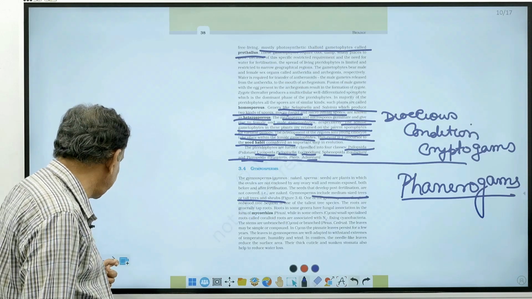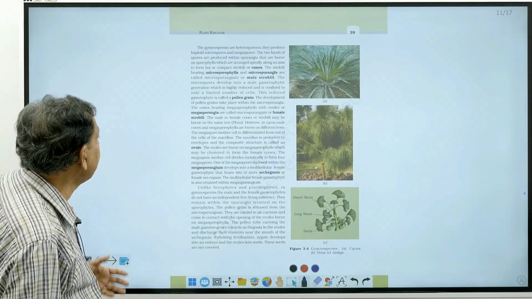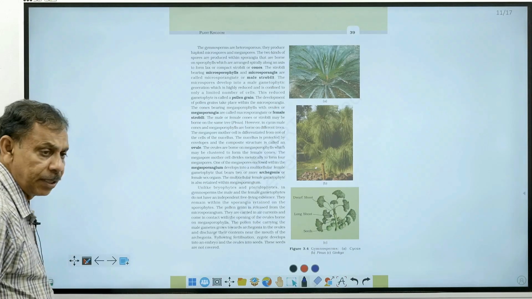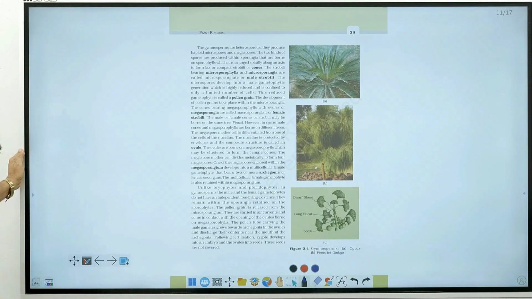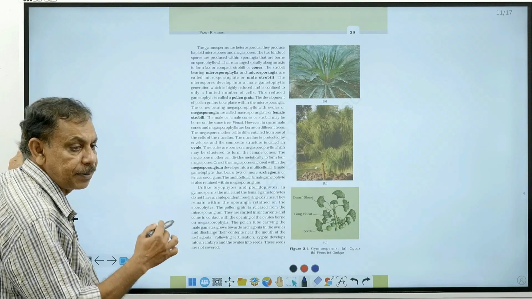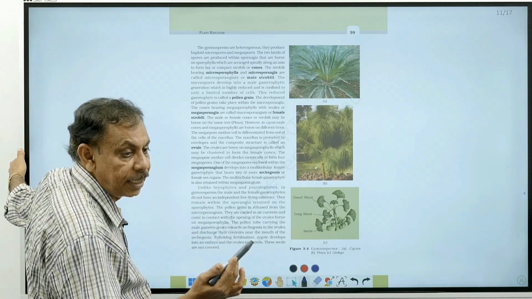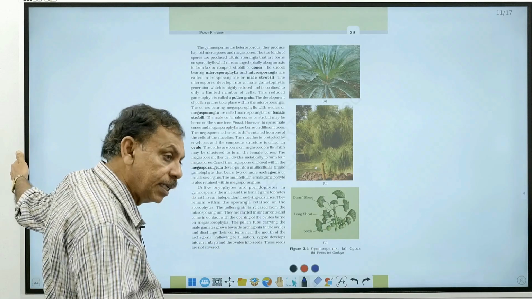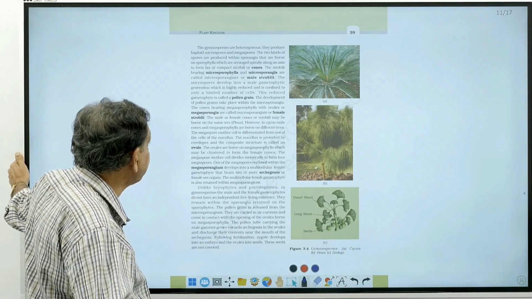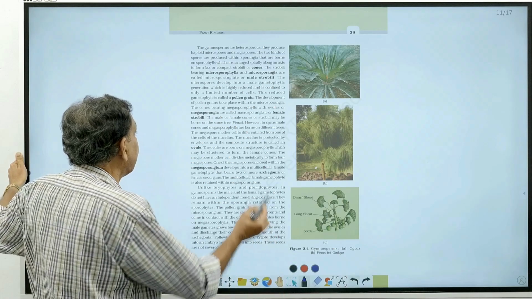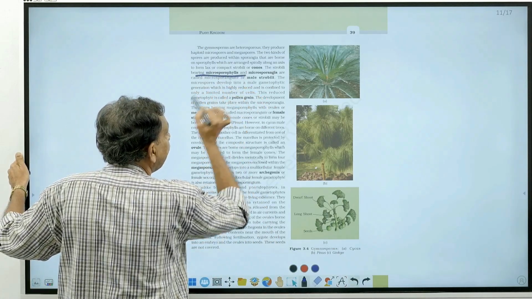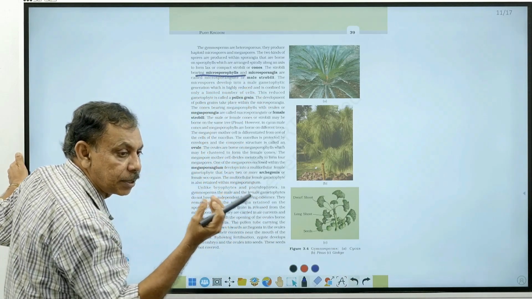Now you can see, in gymnosperms, other than the normal leaves, there are 2 types of leaf-like spore-bearing appendages. One is the microspore-bearing appendage, called microsporophyll, which contains microsporangium.